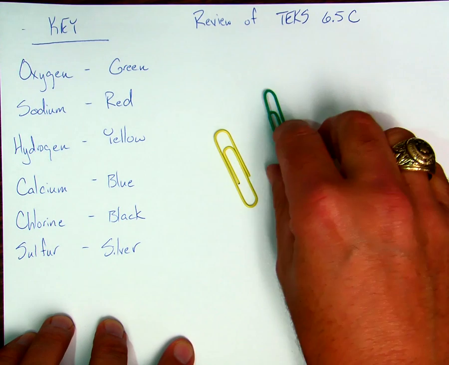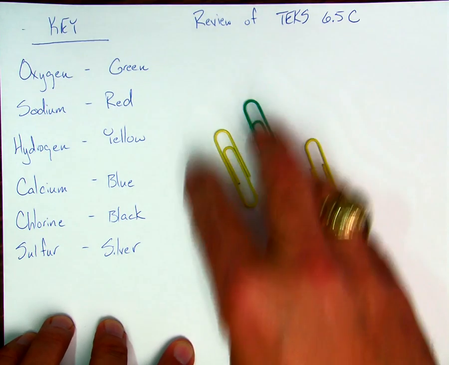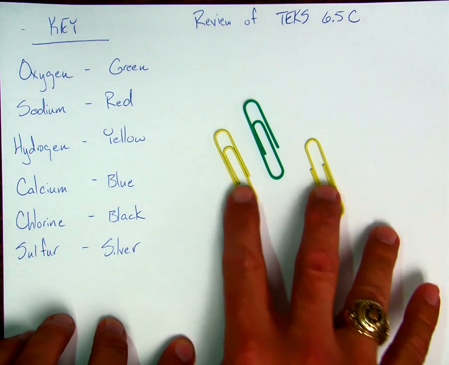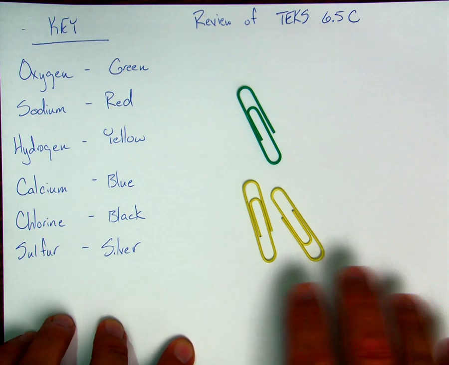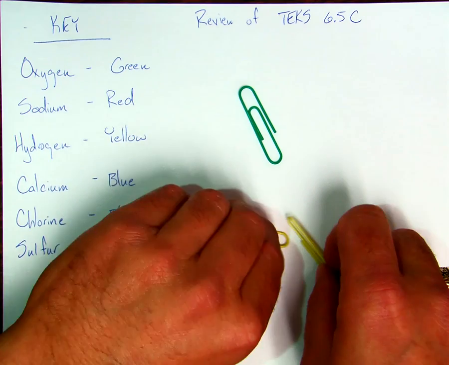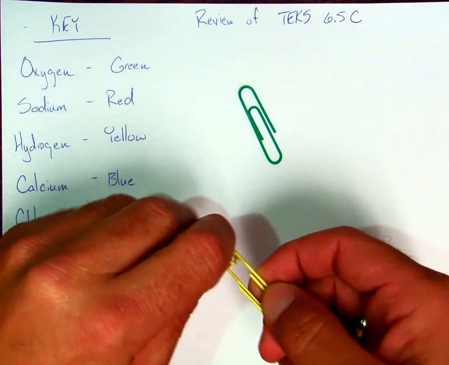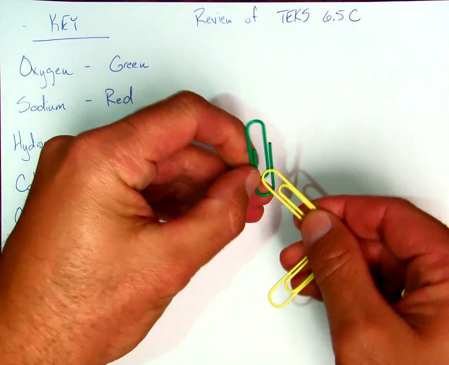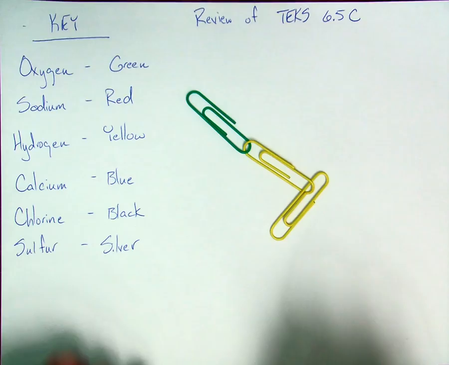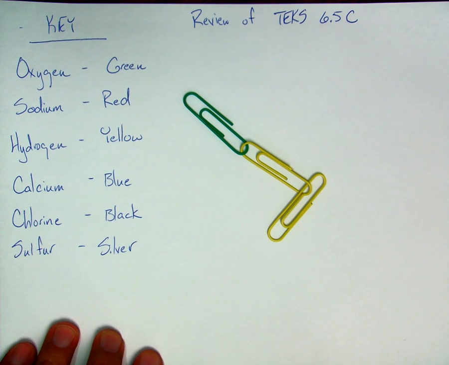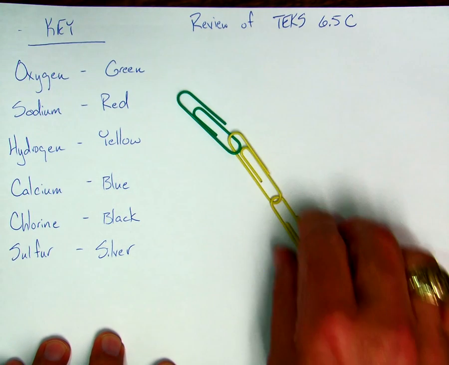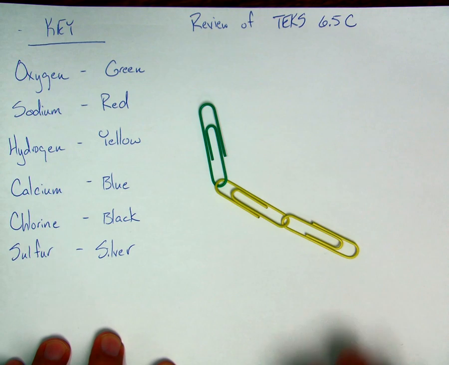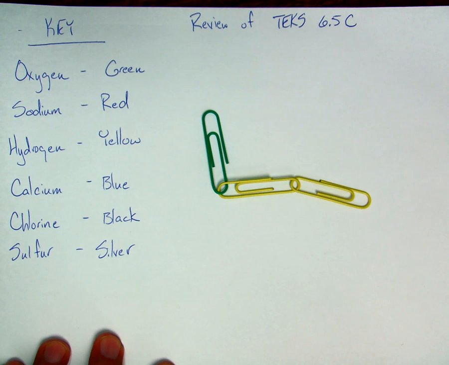So we know that we have a mixture right now of two different elements, one being green, one being yellow. However, we can bond these together, and that will give us our two H's and an O, which you guys should know as water, or H2O. Okay, so now we can consider these bonded. So that's how we're going to represent for this particular practice.